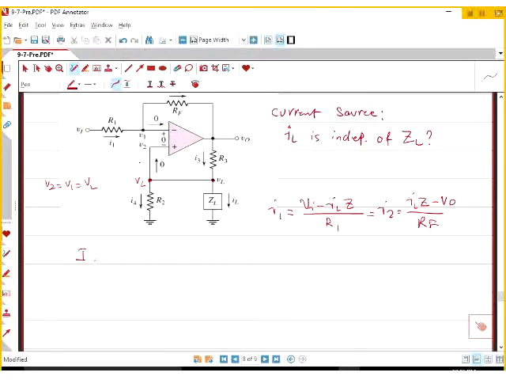Another equation, I can write I3 has to be IL plus I4. I3 is VO minus ILZL divided by R3, equals IL plus I4, and I4 is ILZL divided by R2.